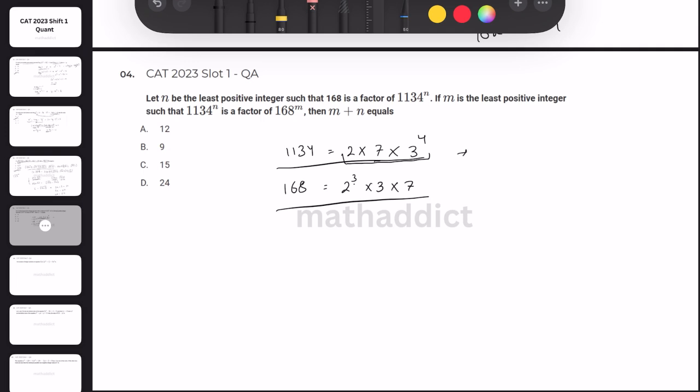So 1134 to the power of n is 2 to the power of n, 3 to the power of 4n, and 7 to the power of n. If this is divisible by this, n should be at least 3, because only then 2 to the power of n and 2 to the power of 3 would satisfy this condition. So n is 3.